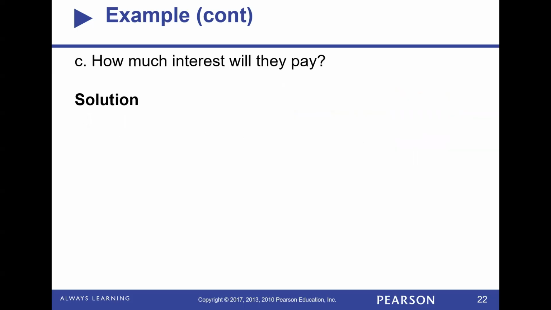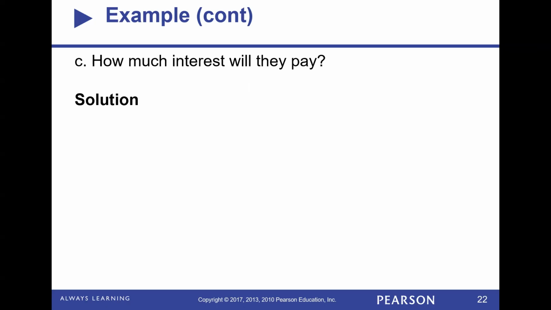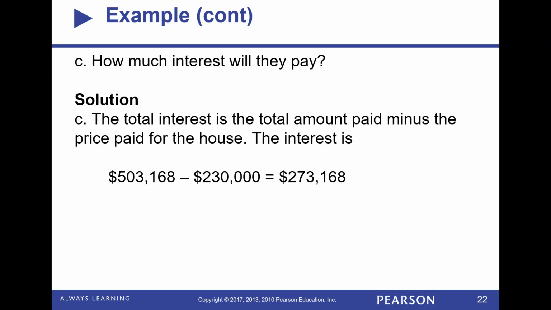That's my next question. So remind yourself that we actually paid the loan for all the different payments we had, plus my down payment, okay? This right here tells me the total amount I paid for the house outright. But how much was the house actually worth when we bought it?